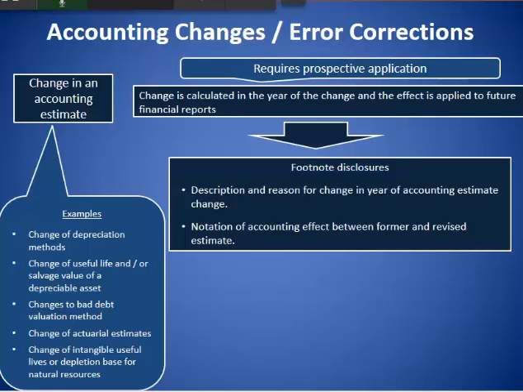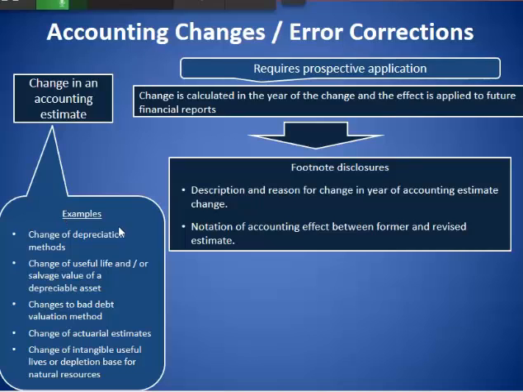Its effects must be accounted for only in the period of the change and then future application. In other words, it requires prospective application, and as I say, the change is calculated in the year of the change and the effect is applied to future financial information.